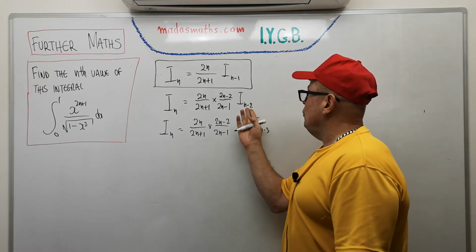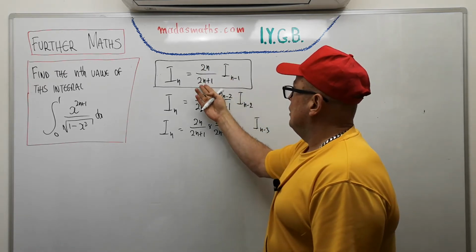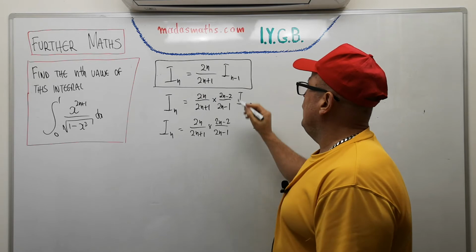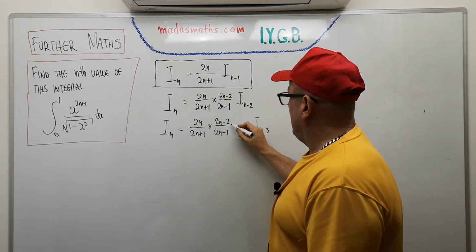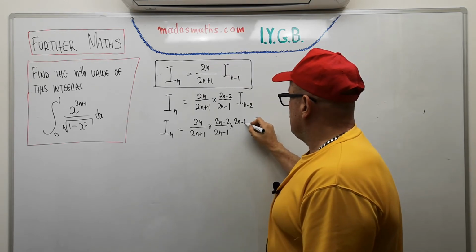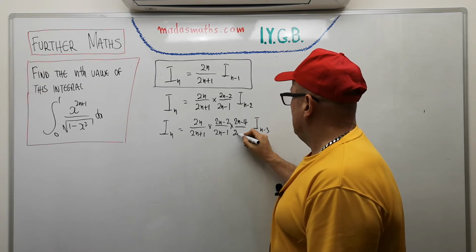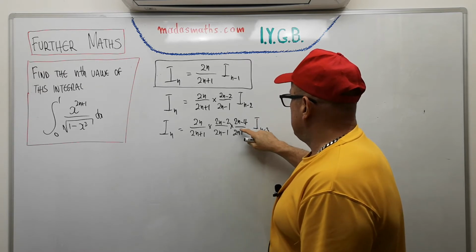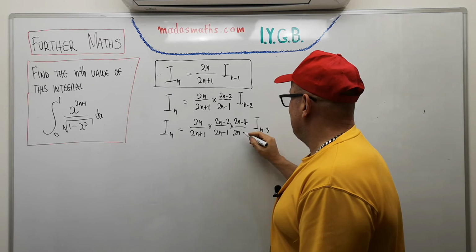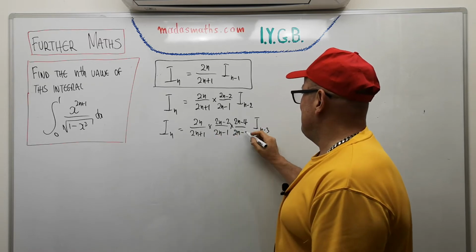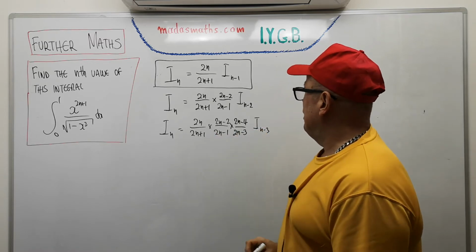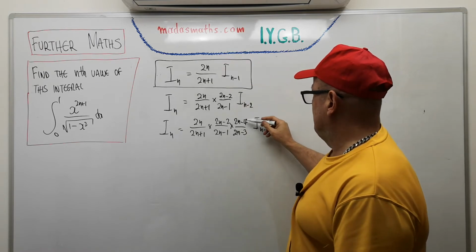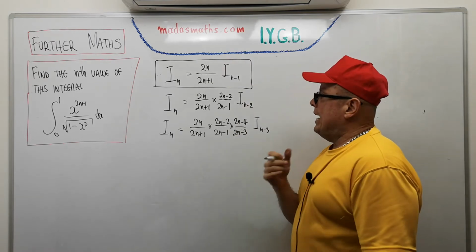And the n minus 2 of this will substitute in front of this one. So if we put n minus 2 in there and you simplify it, you get 2n minus 4, and on the denominator, even by looking at the pattern, and in fact I wrote the wrong thing, 2n plus 1, 2n minus 1, 2n minus 3. Or if you want, one more from the top. Okay, so this is what will be happening.